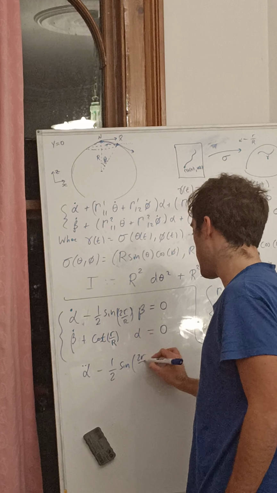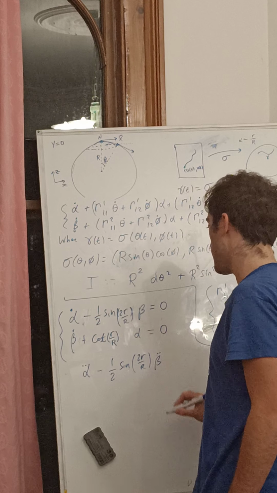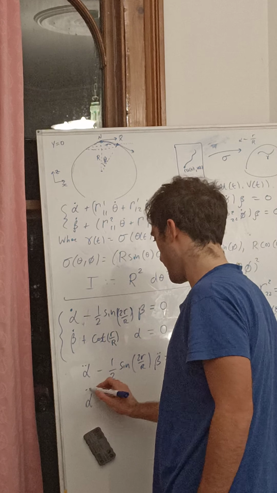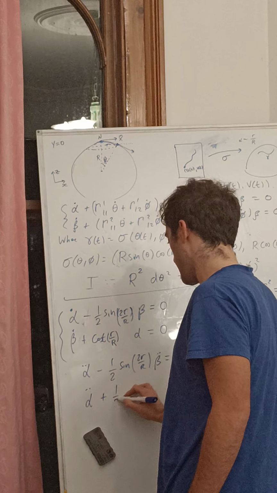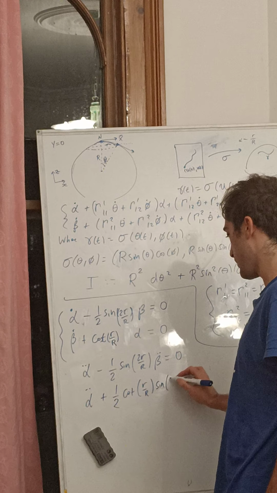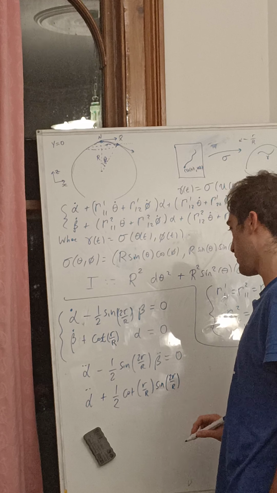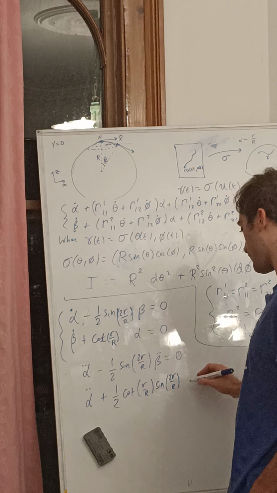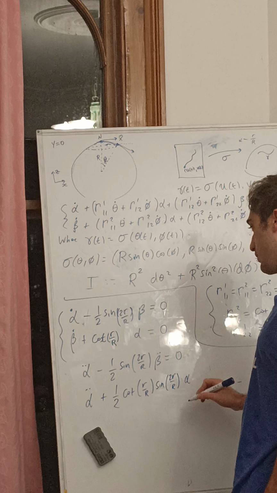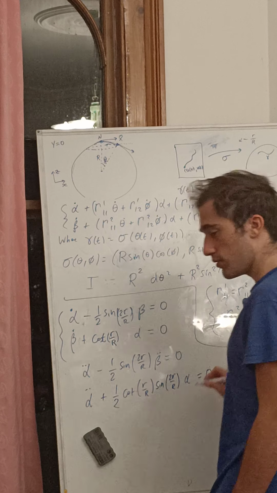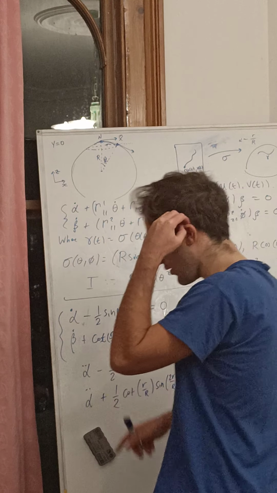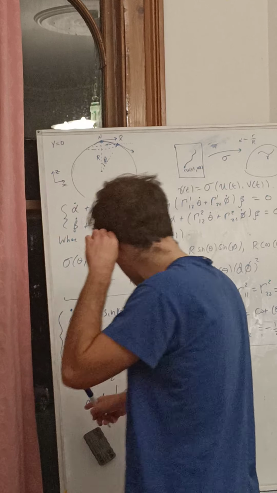So sine of 2r over r, beta dot, single dot, and that's plus a half cot r over r, sine of 2r over r, alpha is equal to 0. And these are just fixed values. And so this is actually linear, right?